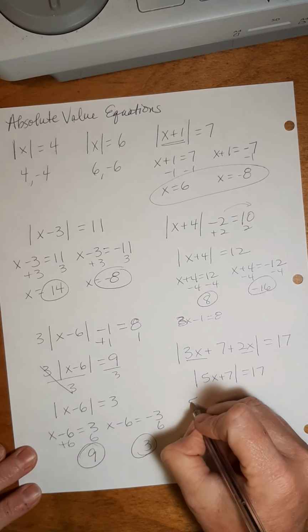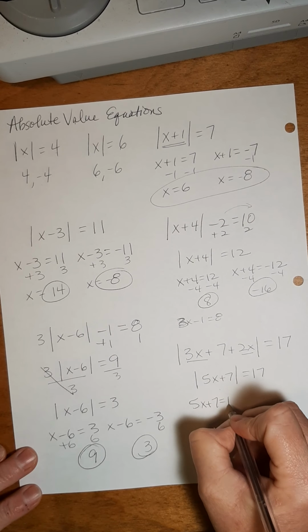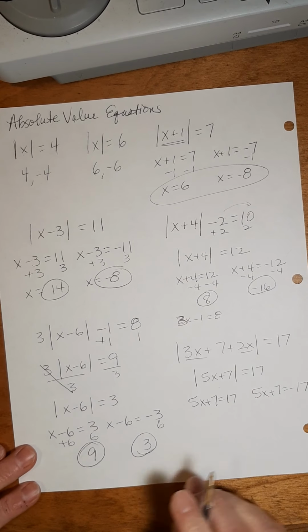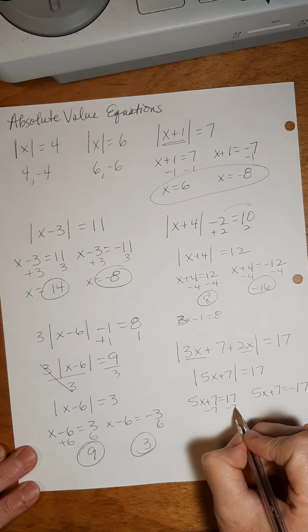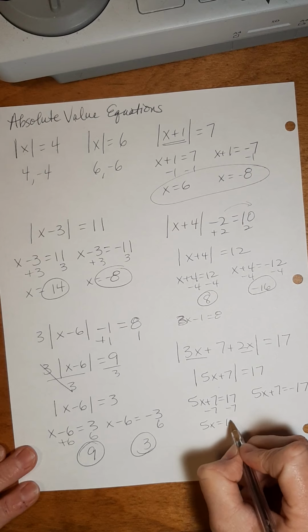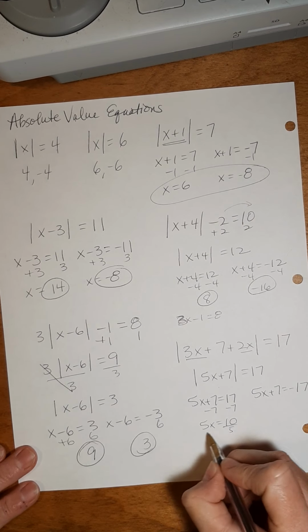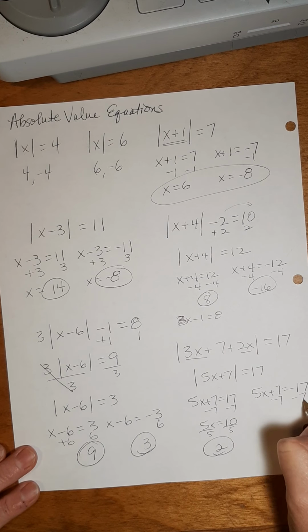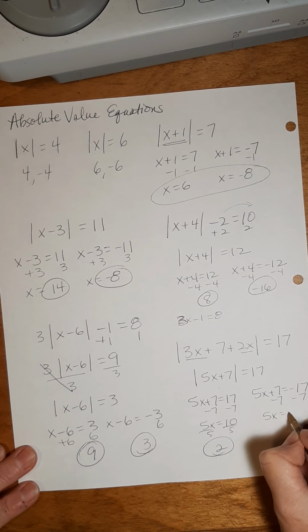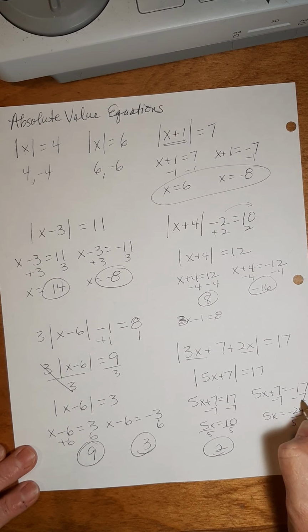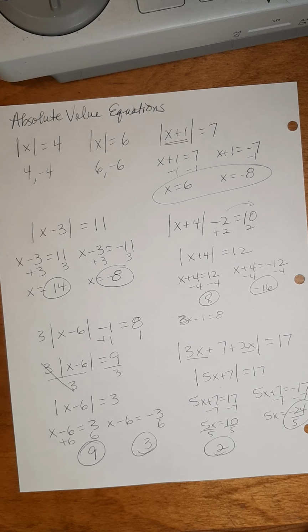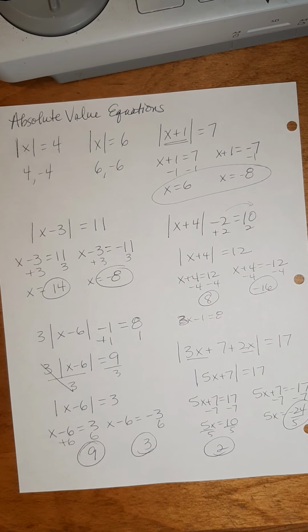And then once you get there, 5x plus 7 equals 17. 5x plus 7 equals negative 17. Subtract the 7 to get 10. Divide by 5, so 2. Subtract the 7 to get negative 24. Divide by 5. So that one we finally had a fraction. You knew they were coming, but we couldn't stick with just whole numbers.